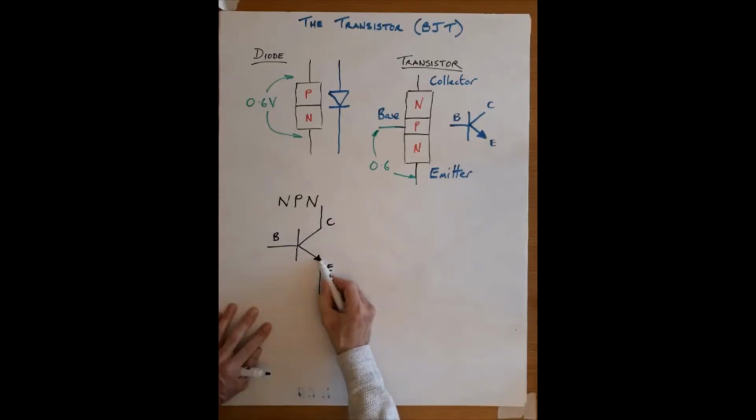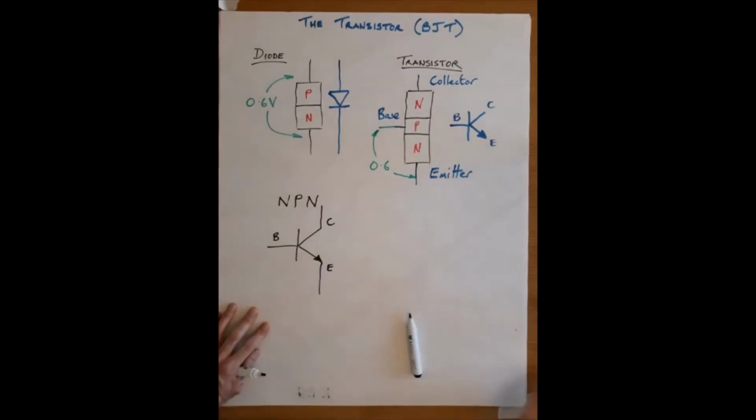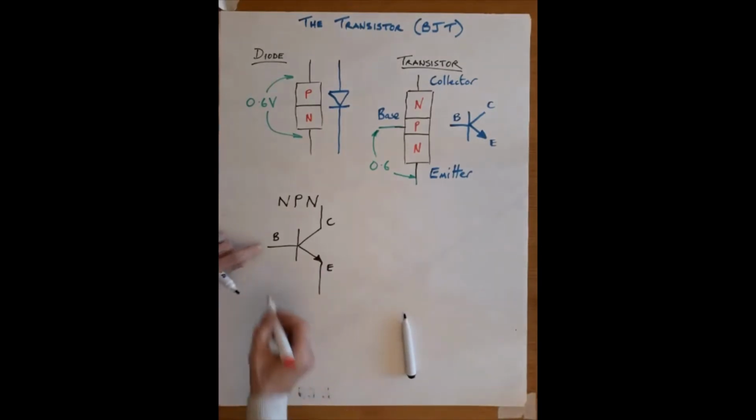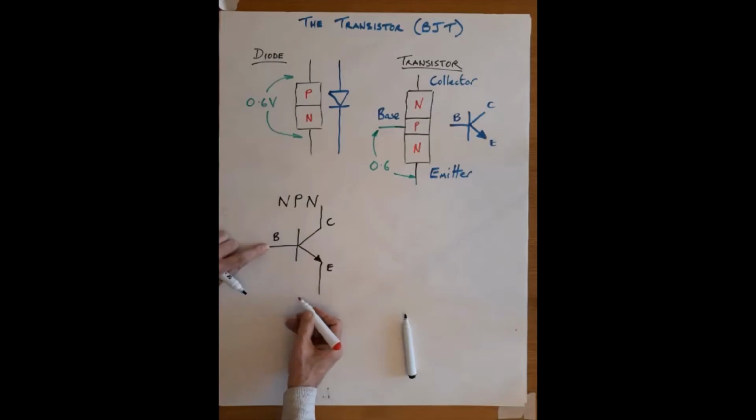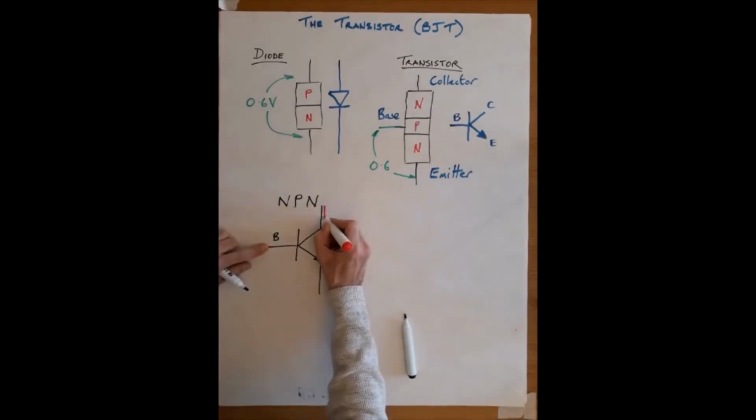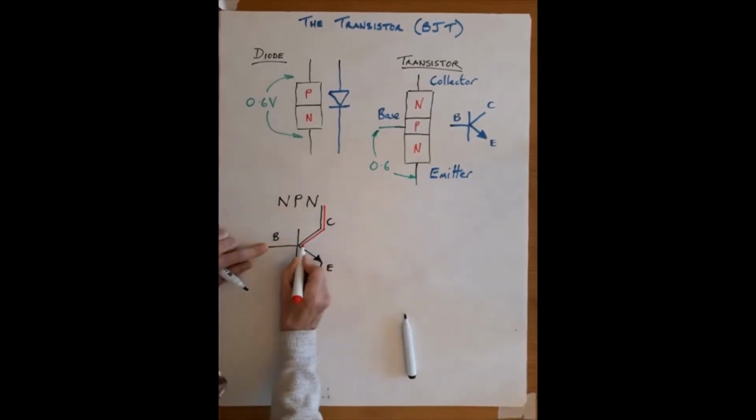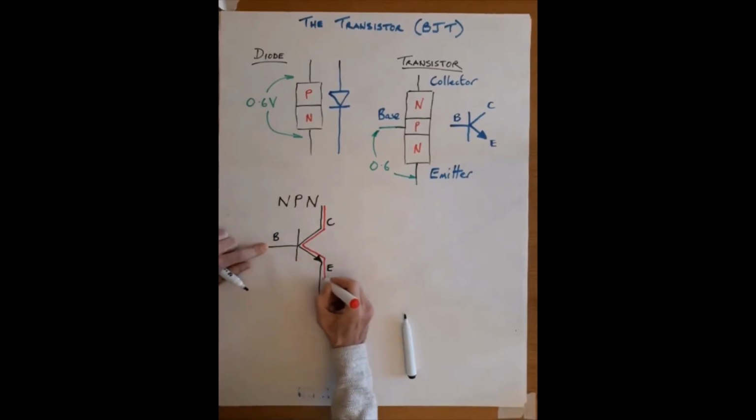The emitter always has the arrowhead on it, and the arrowhead indicates the direction of flow of current through the transistor. In short, we will put a tiny amount of current in the base to turn it on. We'll talk about that again shortly, but the main current flows in the collector and it flows through the emitter and out down there.